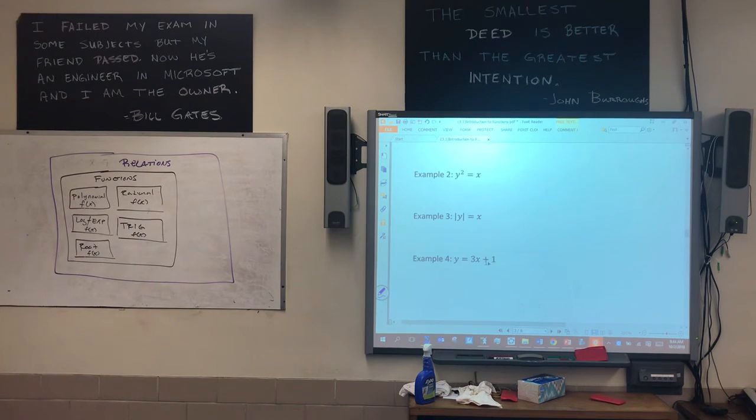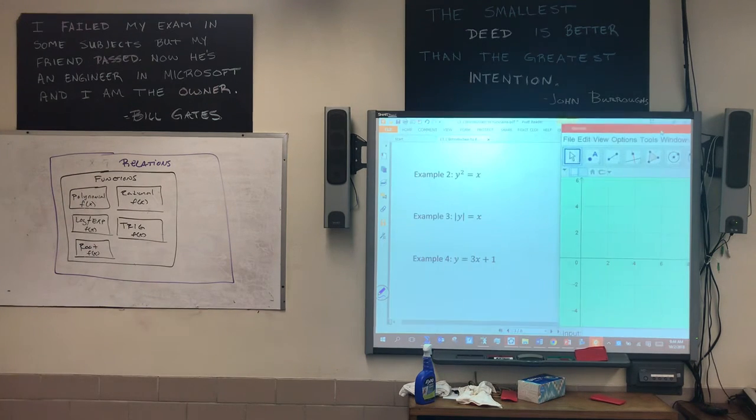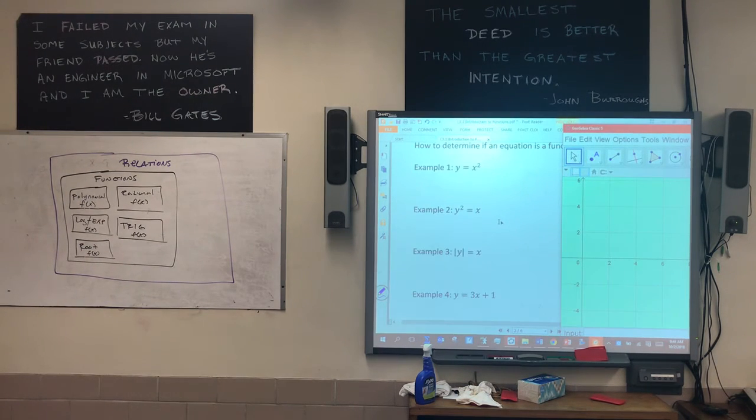Down here, for example 4, do I ever violate that definition? No, there's only one option for y. Y is already solved for. All right, so if I get into GeoGebra, and the reason I like GeoGebra, if I look at some of these equations, okay, the ones that are solved for y, that is called an explicit equation, because you know exactly what y is.